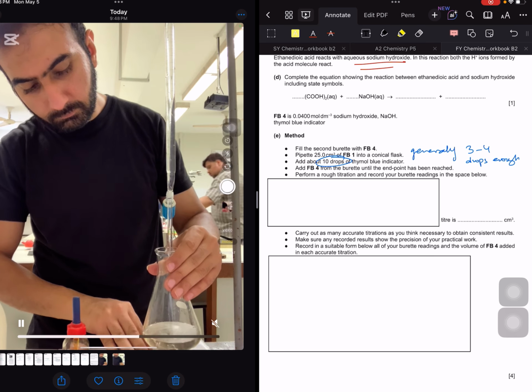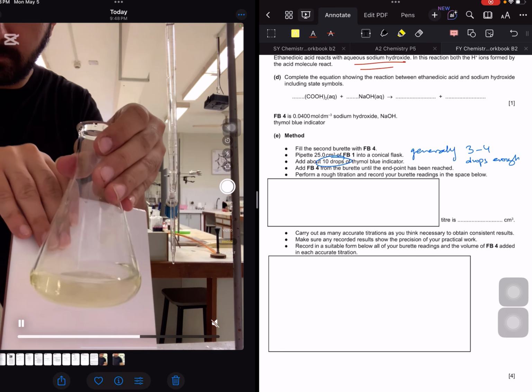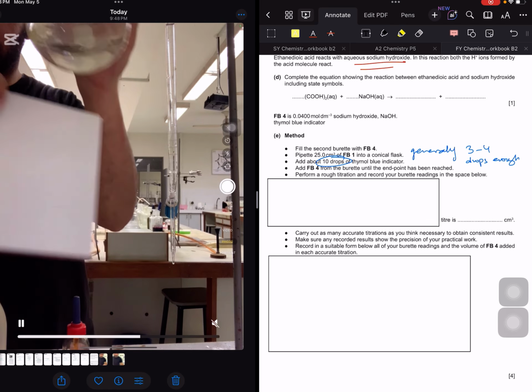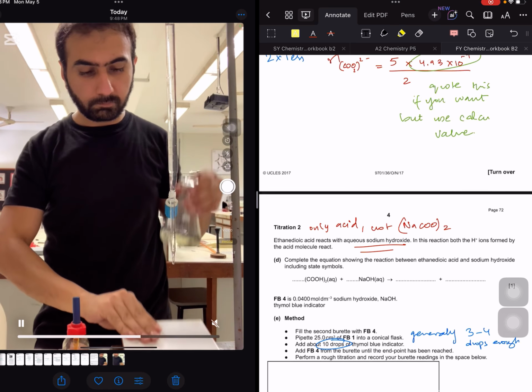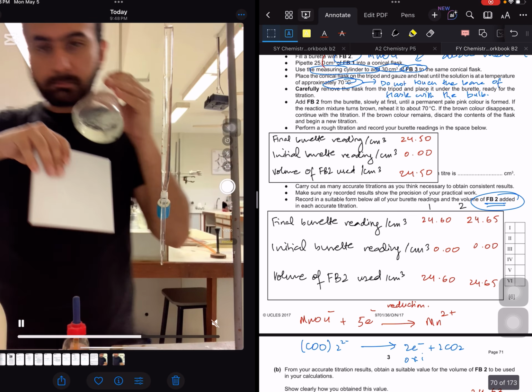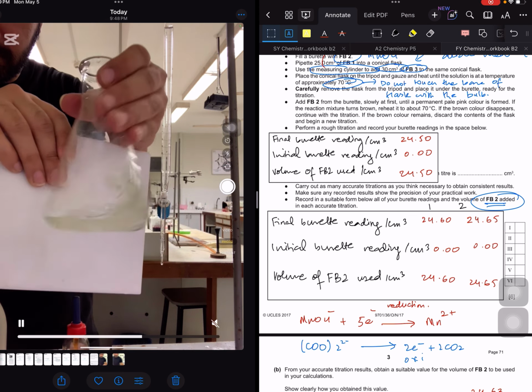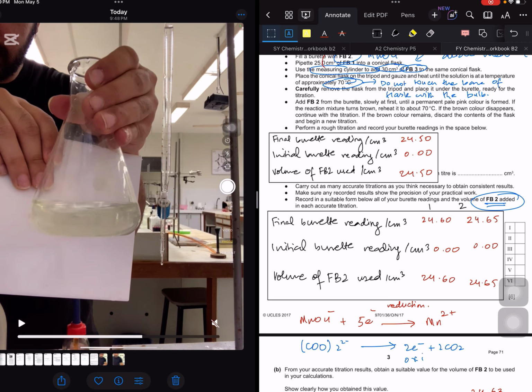It's supposed to change to blue. Now you can see it is almost in a range of yellow green shade. Now it is blue. This is a complete change and this is when you stop. You stop when there's a persistent change.